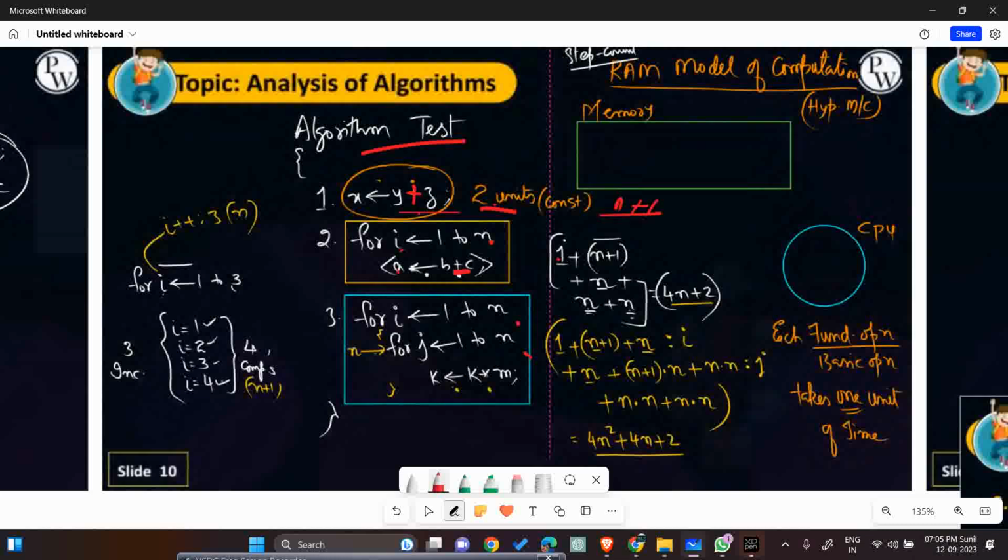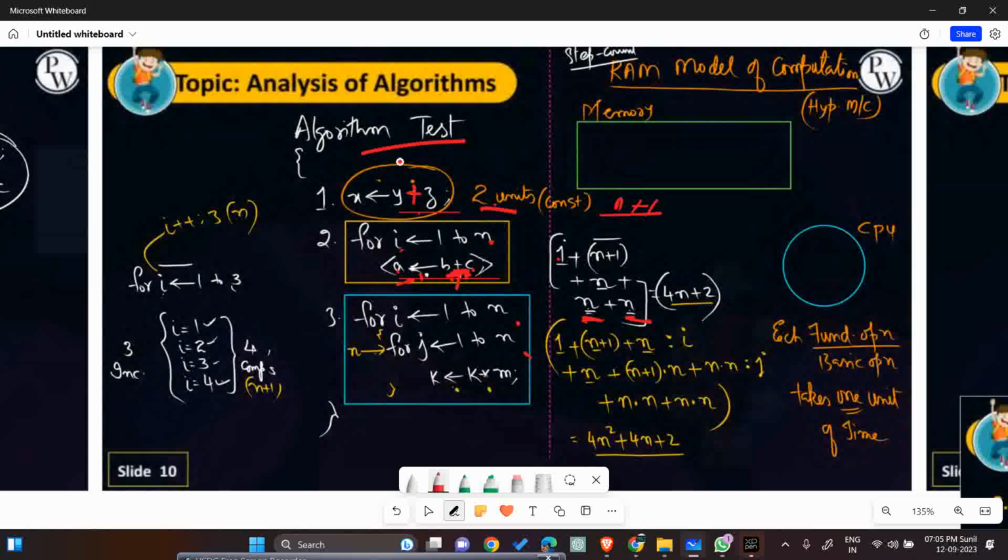Then n times this and n times this. I think I am missing one step. Where is it? I think incrementation.